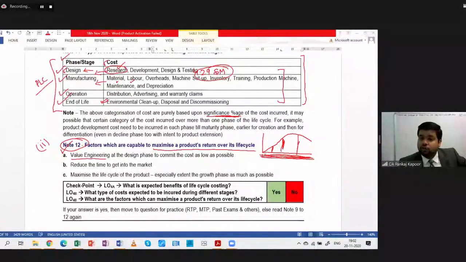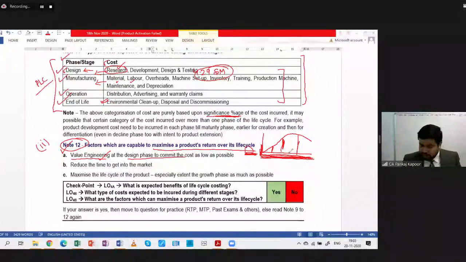The manufacturing cost will be less. So prior to the start of this, when we are developing the product here, we must develop the product at the lowest possible cost with the help of value engineering, so that whenever we are manufacturing during the life of the product, it will be cheaper for us.